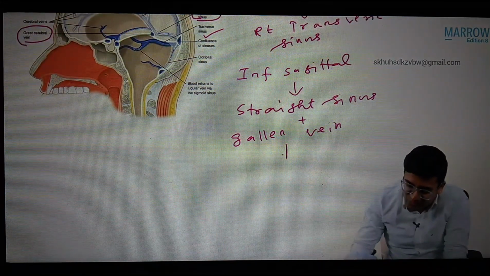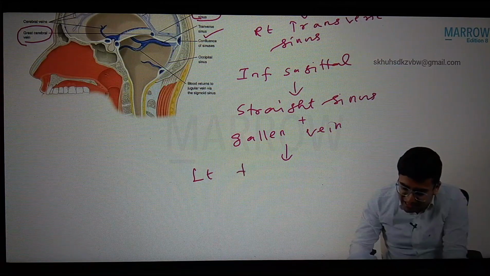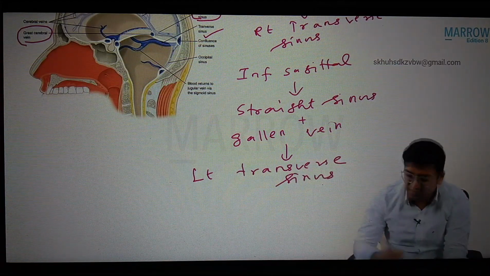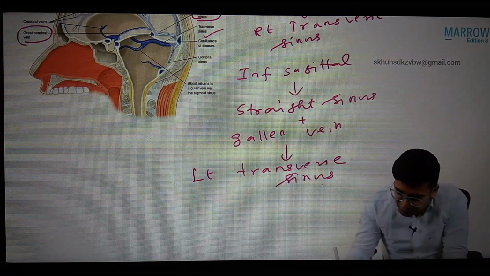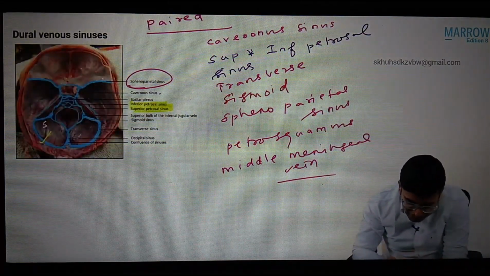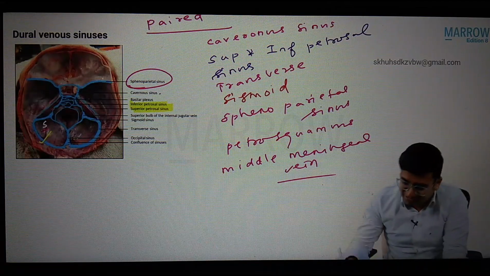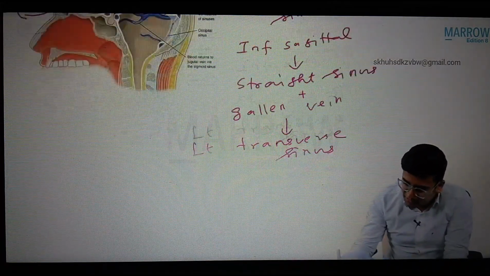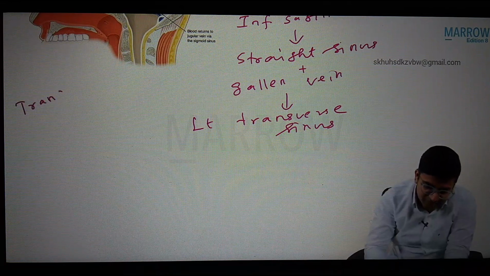After receiving Galen's vein, it continues as the left transverse sinus. Okay. So now both transverse sinuses, right and left, in turn continue as the sigmoid sinus.